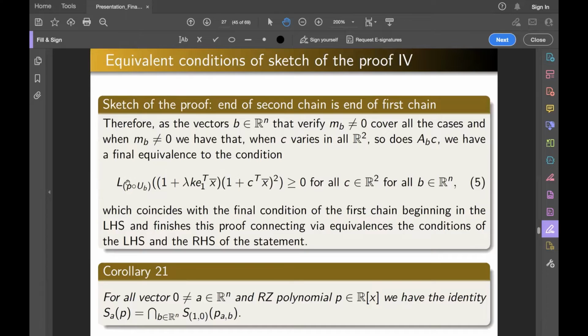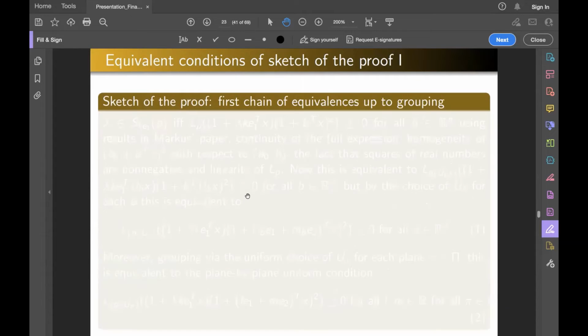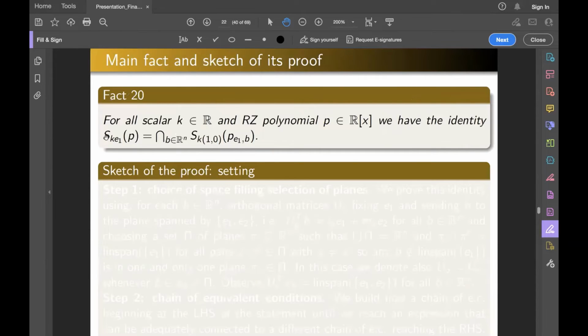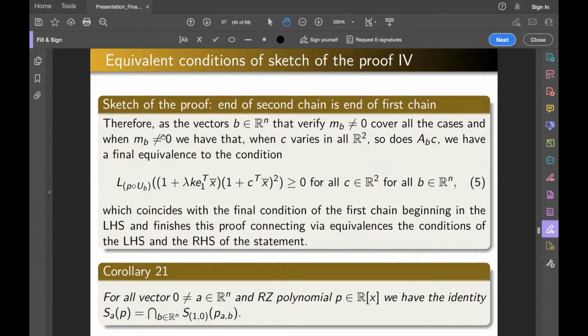So at the end we get this condition, and this condition is equivalent to the right hand side and to the left hand side, and we do this making some orthogonal transformations in the variable x, and some transformations that are not orthogonal. This is why I needed the generalization of the result that was only available for orthogonal matrices.